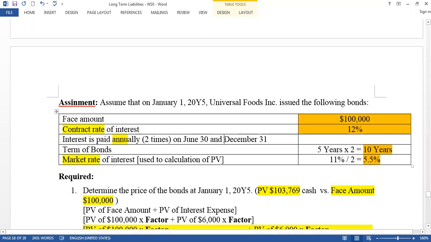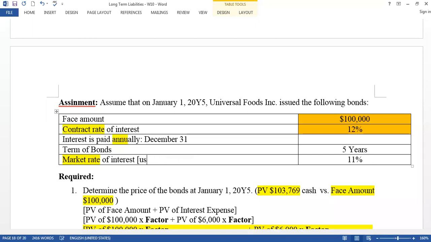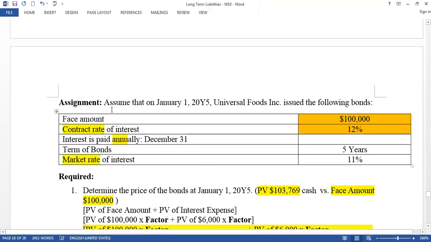When interest is paid annually, I mentioned here it is December 31st. Then term of the bonds 5 years. And market interest rate is 11%. Okay, so this is the first part of the question.